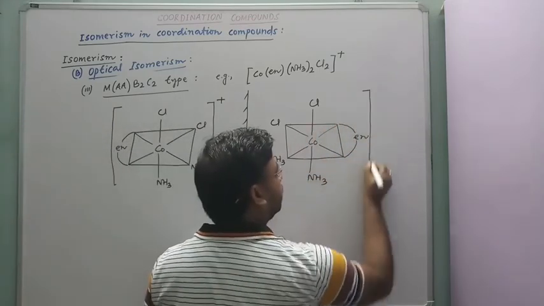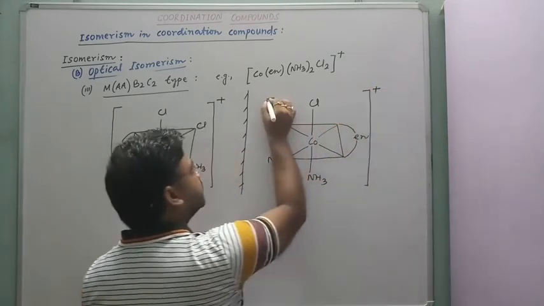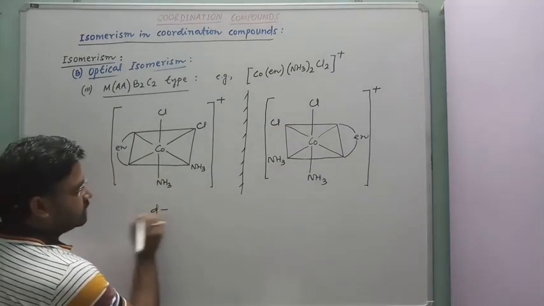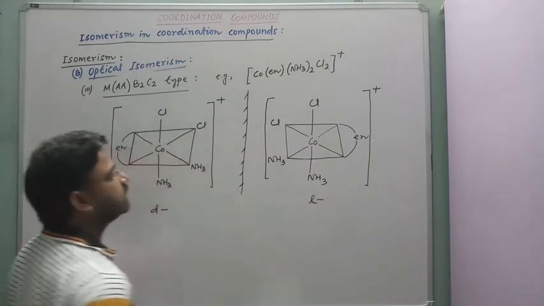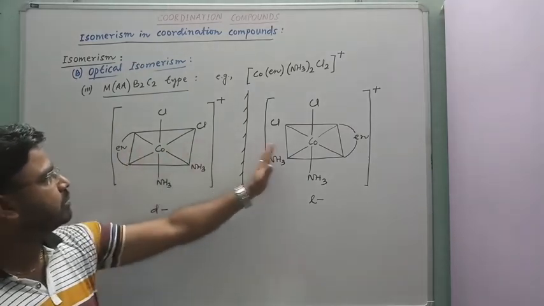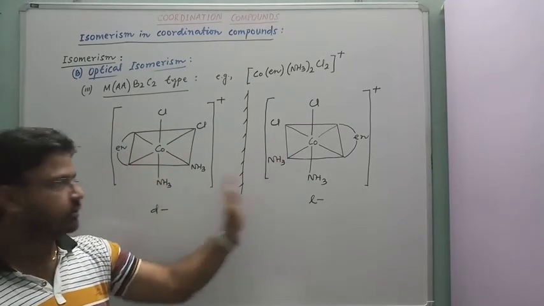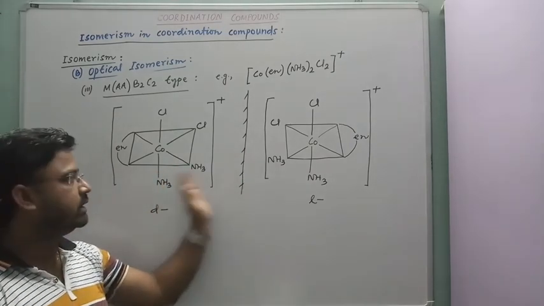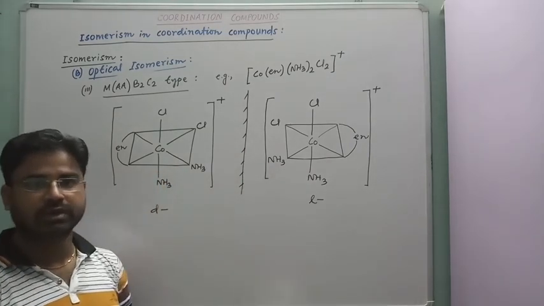It is also positively charged. So this is dextro and this is levo. Here you see both the compounds are different. So they are non-superimposable mirror images, and that's why they are optical isomers.